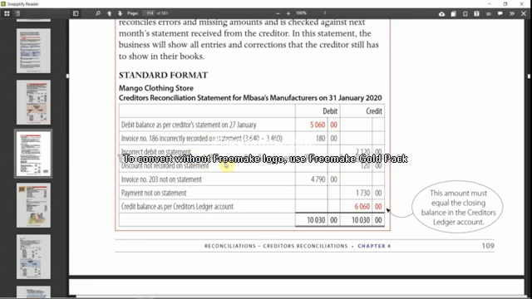So the creditors reconciliation statement we can see as basically an extension of the statement that we receive from them.